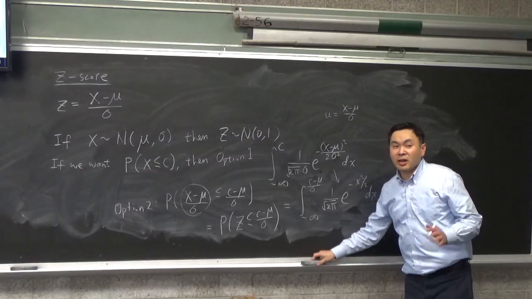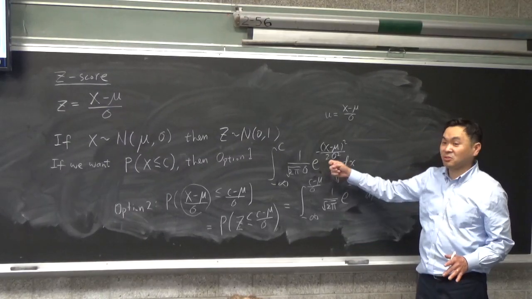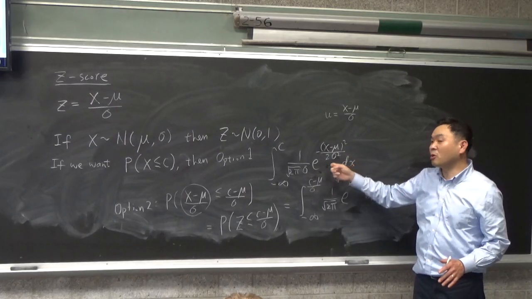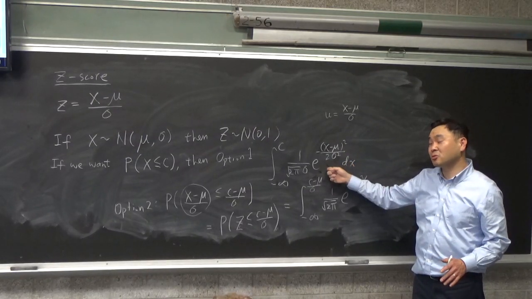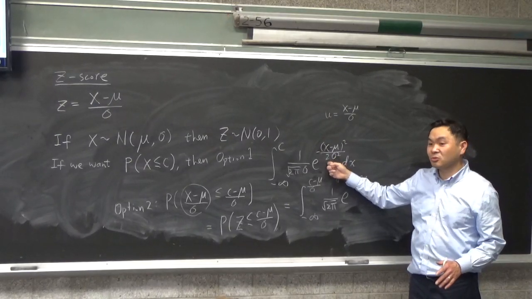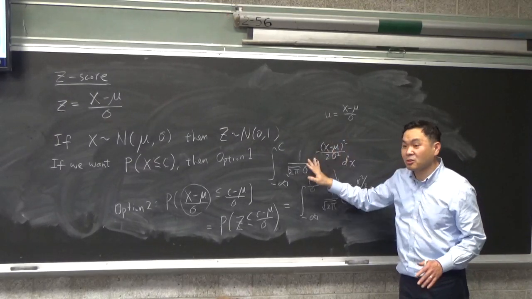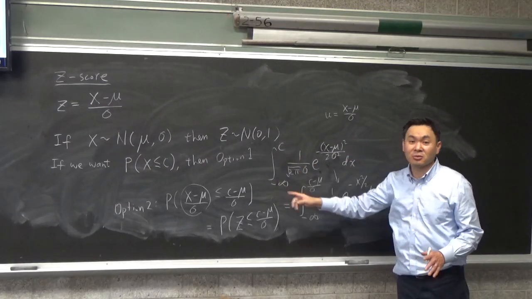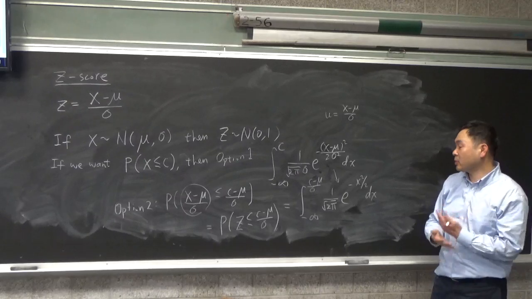Nowadays, your TI-84 calculator can actually just do this right away. This is called normal CDF. Okay? So you can use the normal CDF function to calculate this integral for any sigma, any mu, any interval. You can do that.